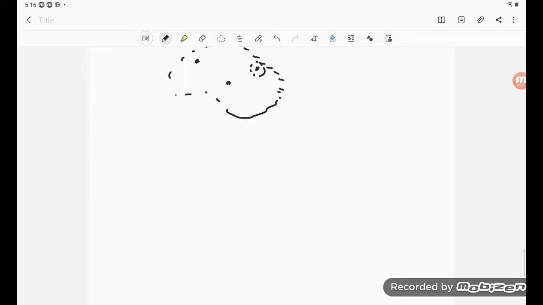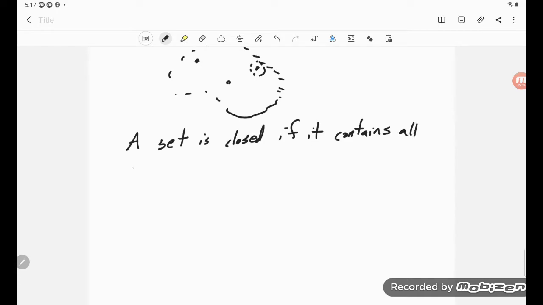Then a set is closed if it contains all its boundary points.